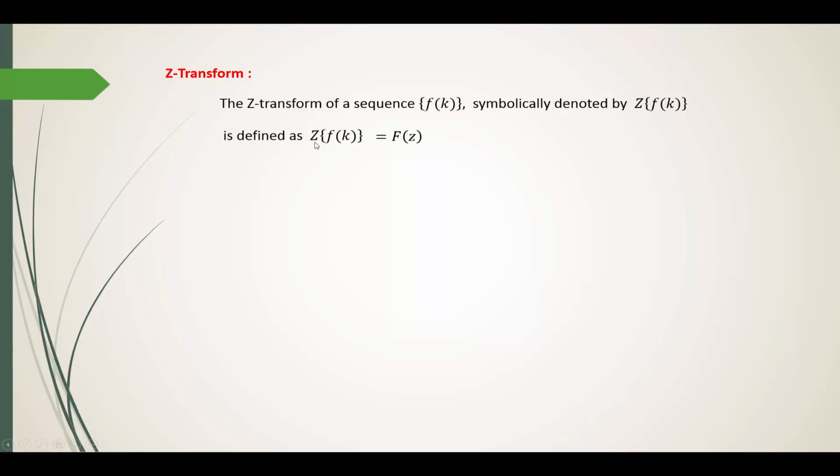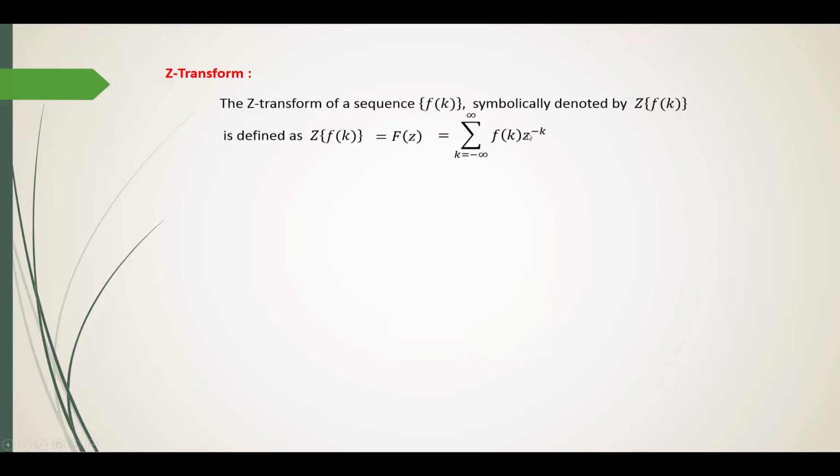There are two notations, Z of f of k and F of z. Remember both notations of the Z transform, and it is defined as the sum over k from minus infinity to plus infinity of f of k times z raised to minus k.